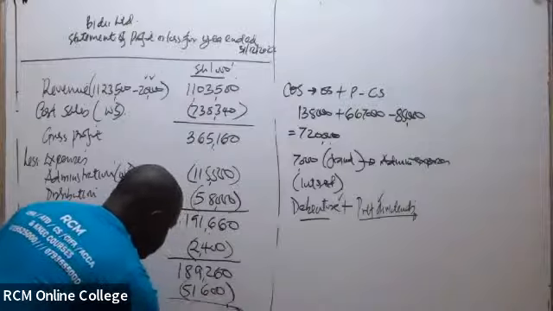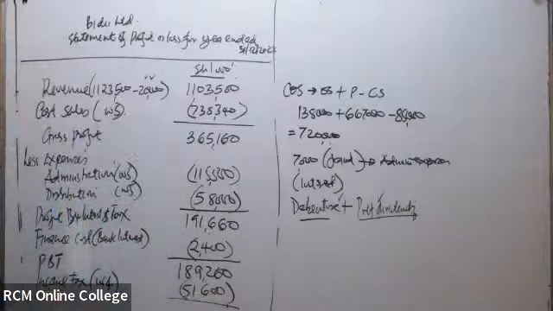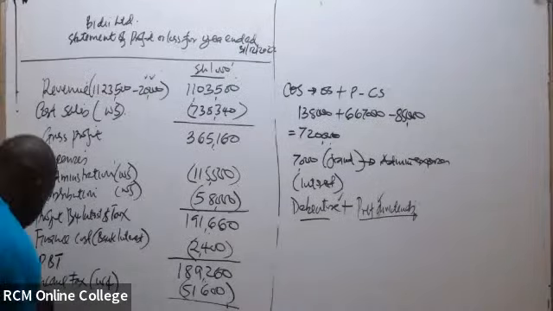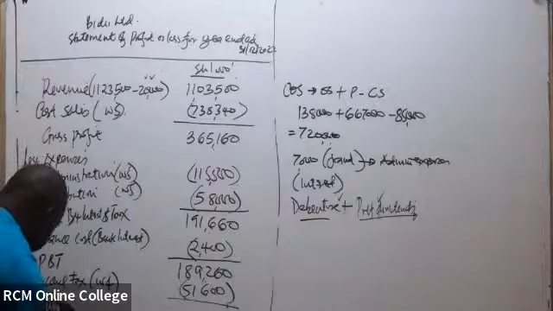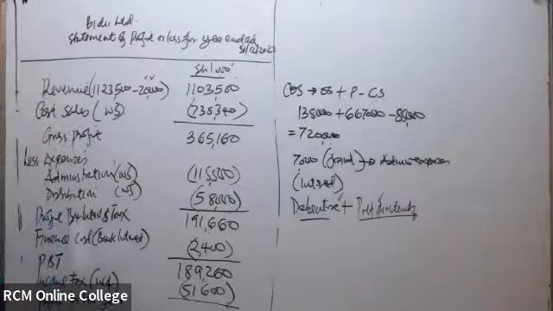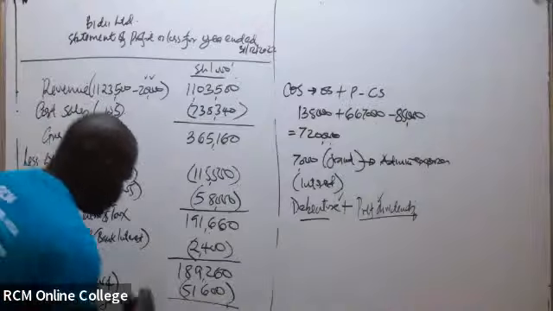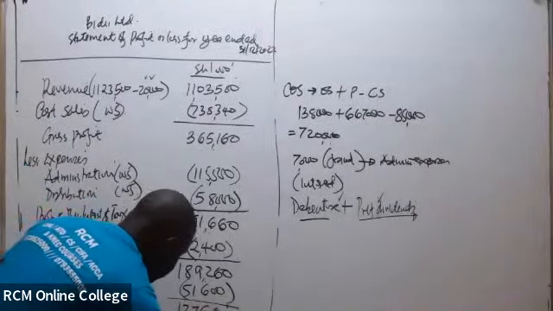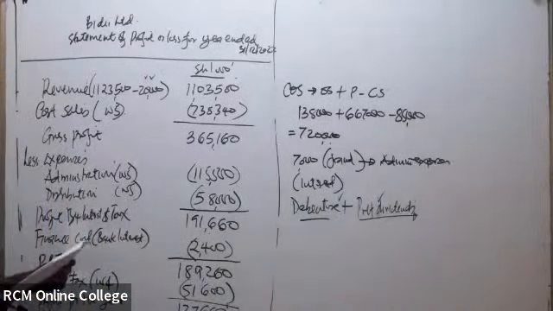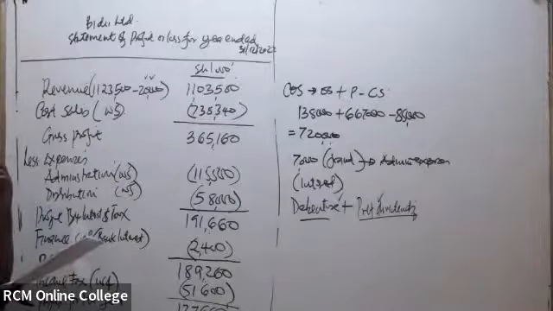So if you less that, how much are you having to get as the profit for the year? 137,660. So that is the profit realized for the year.